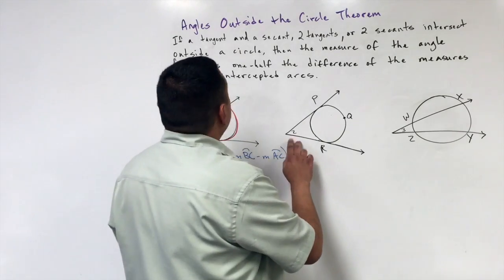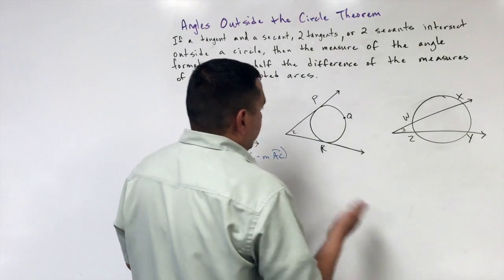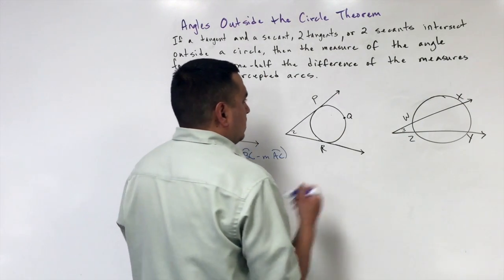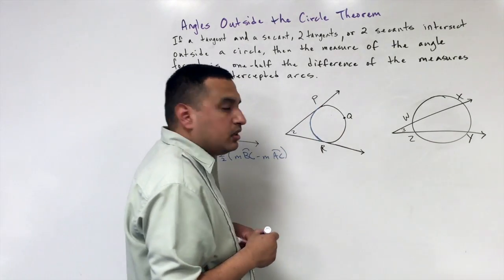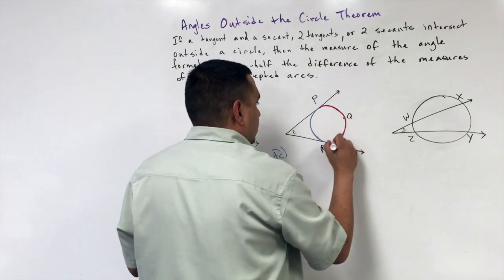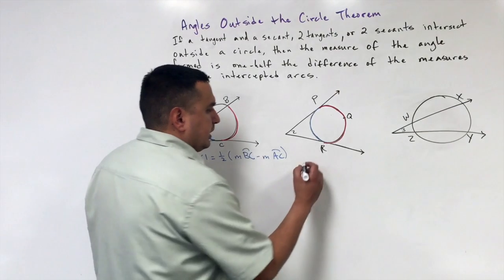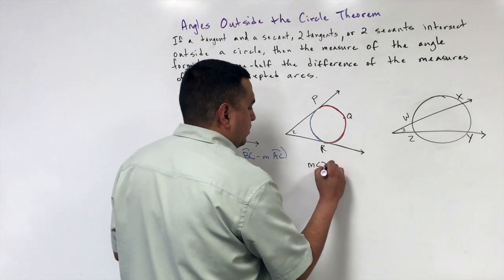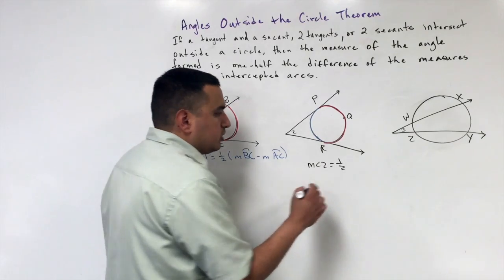Now for angle 2, for 2 tangents, I have 2 arcs. Again, I have this arc PR, and then I have this arc here, PQR. So again, the measure of angle 2 is going to equal 1/2 the difference of the intercepted arcs.